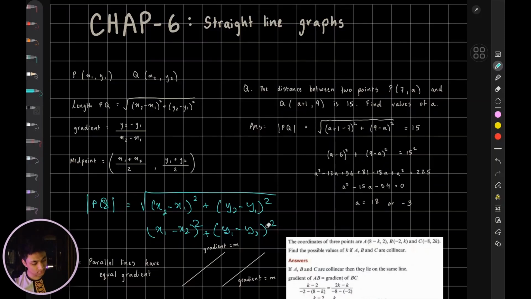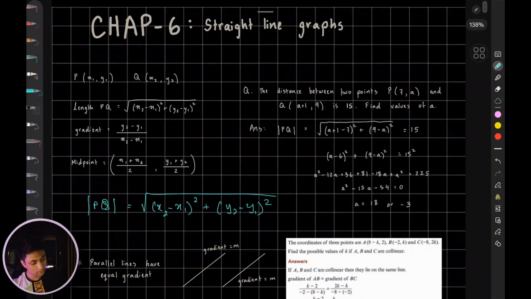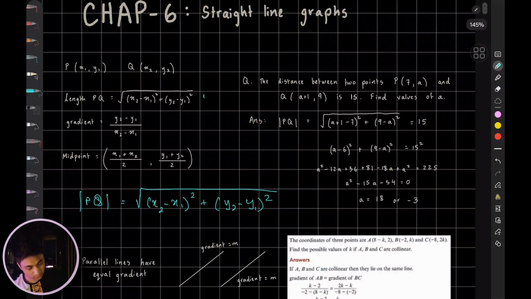Okay, so let's use this formula to solve one of the questions. The question says, the distance between 2 points P, which is 7 and 8, and Q, a plus 1 and 9, is 15.